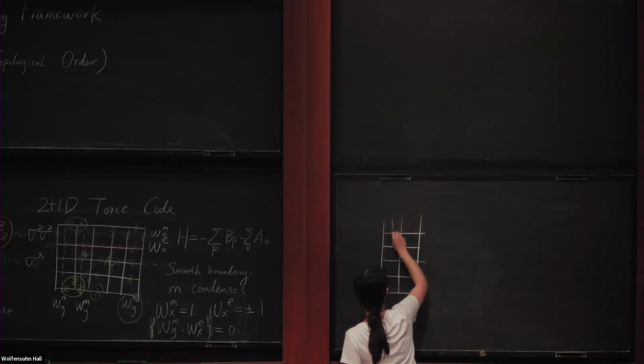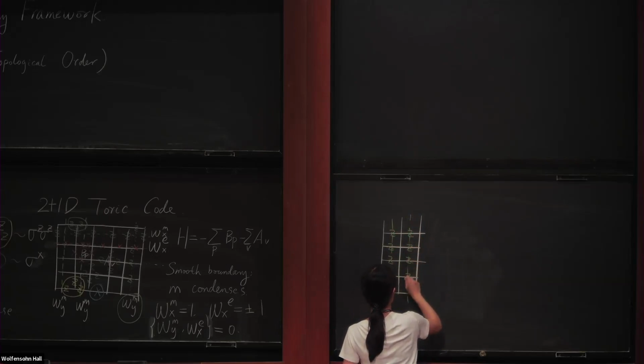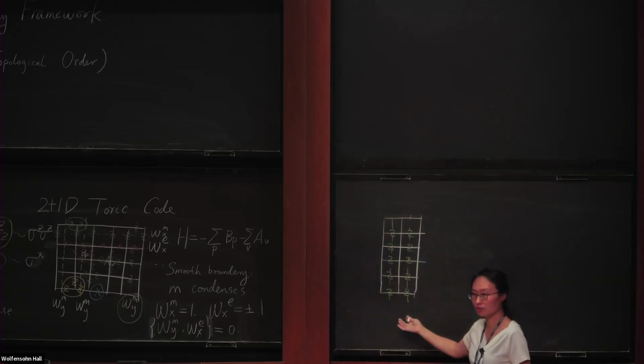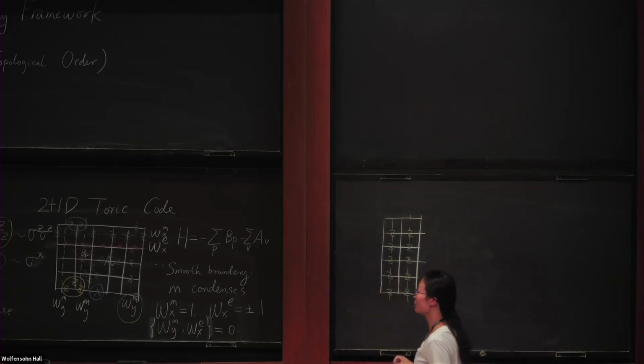Okay, so I have a string here and a string here. So I have Z, Z, Z, Z, Z, and Z, Z, Z, Z, Z. Okay. So I multiply these two together, and then I multiply a bunch of stabilizers, the boundary term and bulk terms.